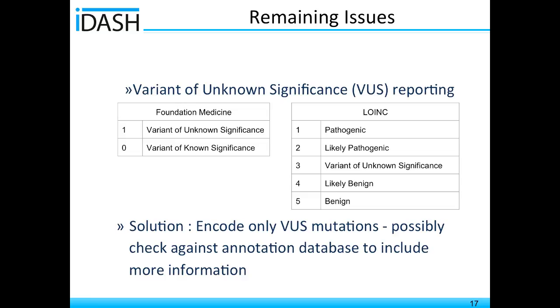So right now we're encoding only the VUS mutations and leaving the non-VUS as a non-coded data set, because we can't necessarily infer what is pathogenic or benign unless we apply this against an annotation database.